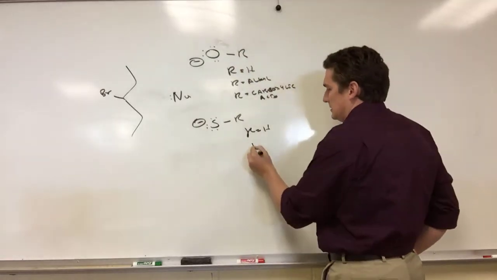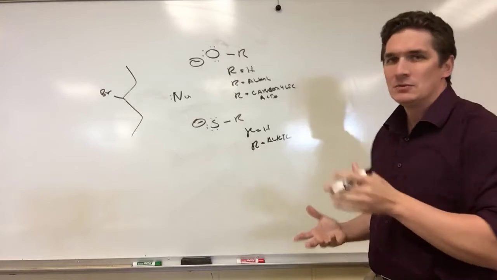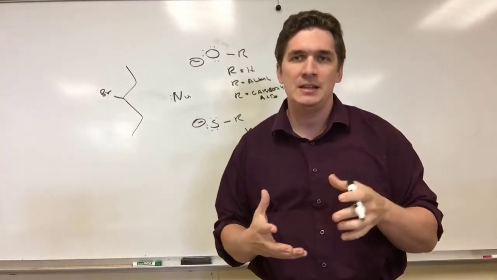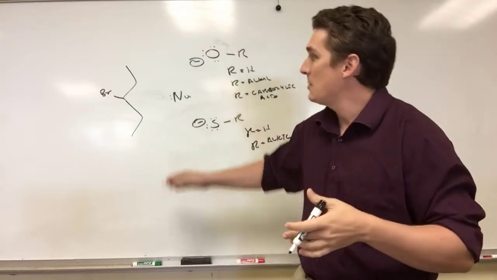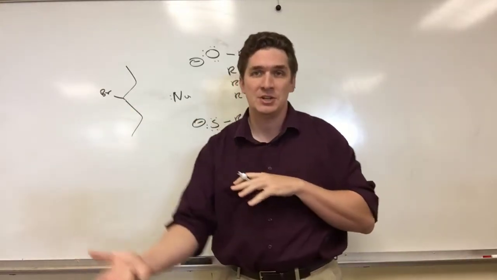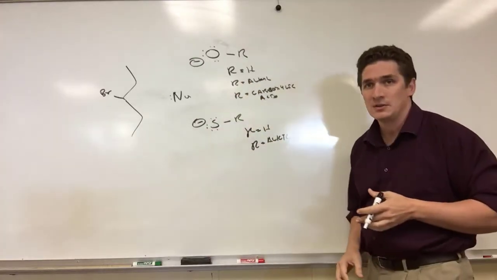We can also get alkyl groups. So if we have an alkyl group, we're going to get basically the sulfur equivalent of an ether. The sulfur is going to form a bond to this carbon, and then we're going to have a carbon chain hanging off of it. It's going to be similar to our alcohols.